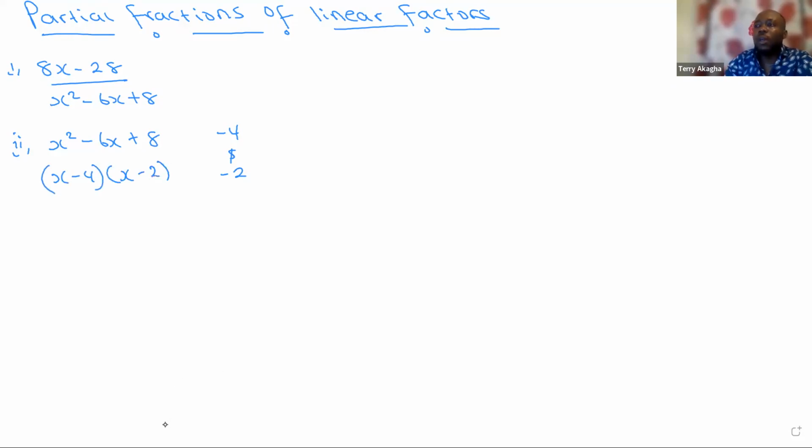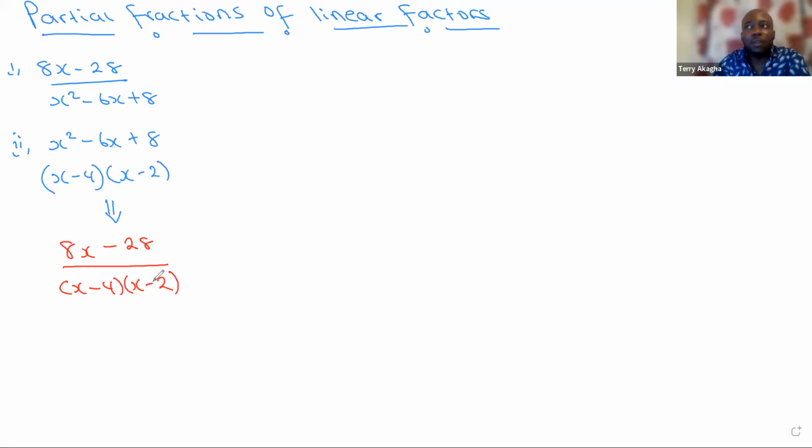Good. So factorize it, and after factorizing it, you have to put it back. So we can then rewrite this again as 8x minus 28 divided by x minus 4, x minus 2. Now, these are prime factors.